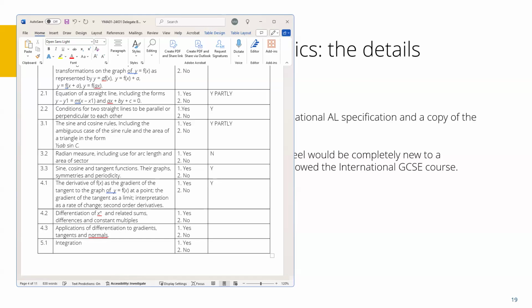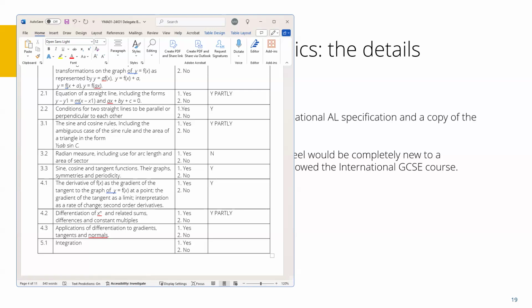So the type of questions and what you're expected to do with it will be more complicated than the international GCSE. Then we have differentiation of x to the power of n and related sums, differences, and constant multiples. That is a yes, but again, it's partly. The reason for it being partly is the fractional and negative indices. That's something to be aware of that comes afterwards in a more complicated way as well.